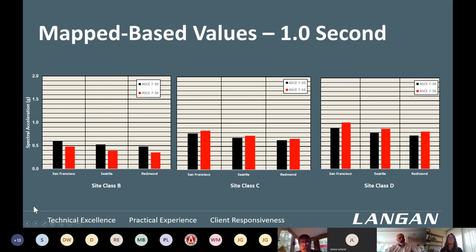So that was for short periods. If we go to the longer periods, we see essentially the same patterns, but we are also seeing a little higher level of amplification for 1 second values for the stiffer site conditions.